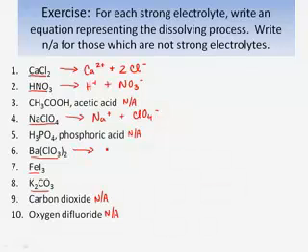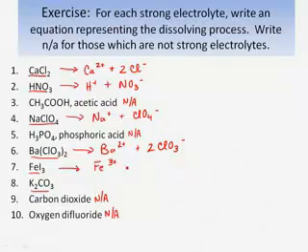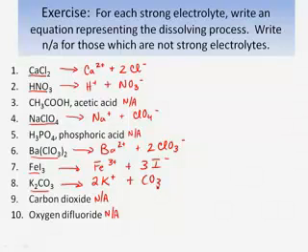Okay, barium chlorate, I get 1 barium and 2 chlorates. Iron 3 iodide, I get an iron 3 and 3 iodides. The potassium carbonate, I get 2 potassium ions and 1 carbonate ion.